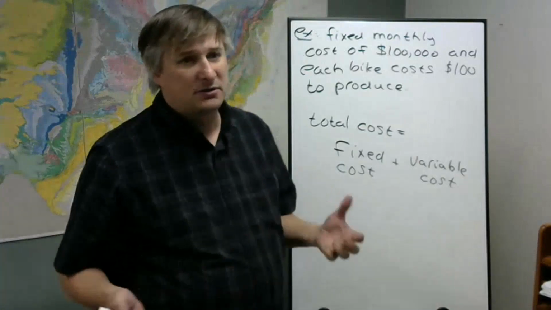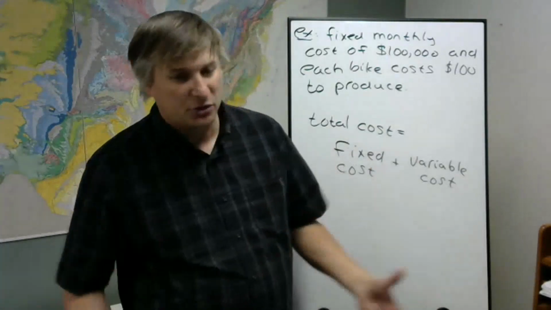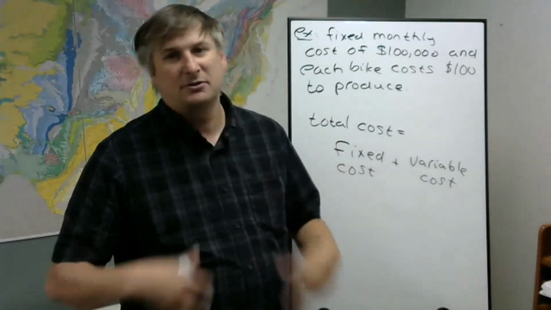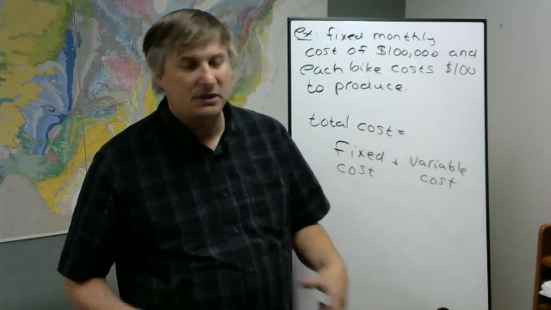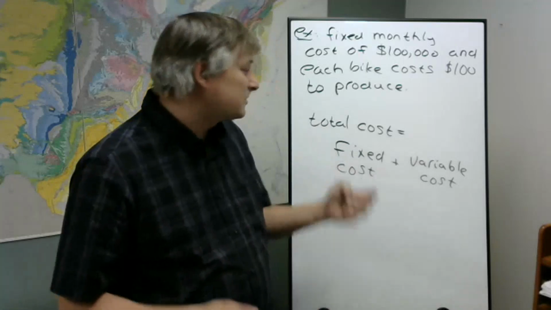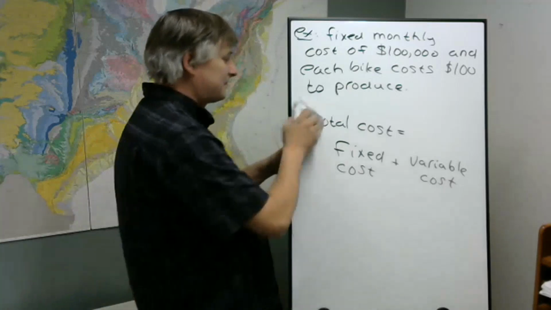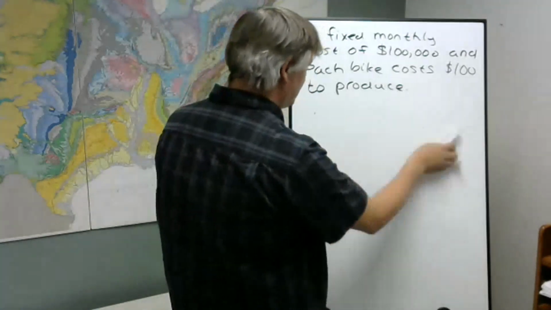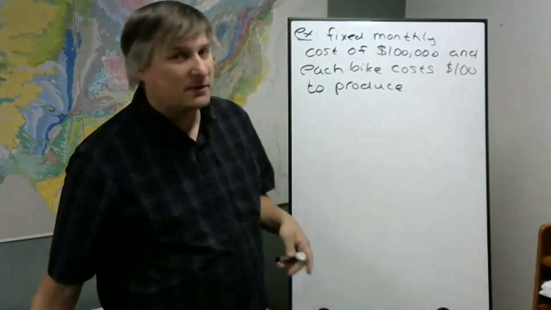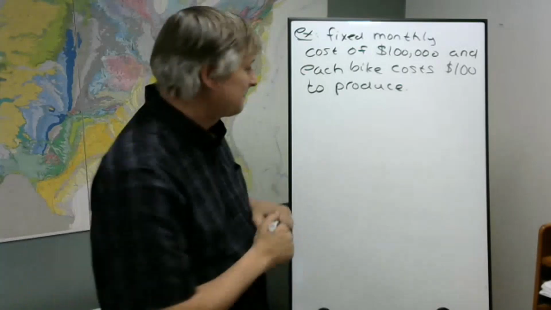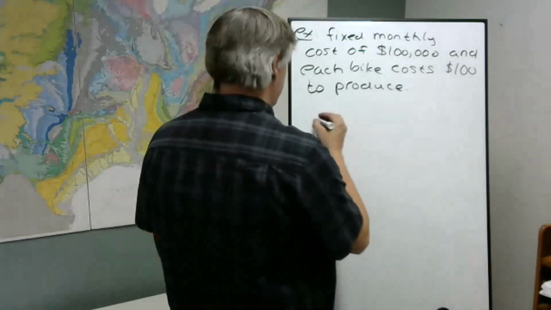So the total cost is going to be things like your rent, your insurance, and then plus wages and electricity and materials. And that's going to give you your total cost. So there's a formula that we use in the text for this. And it's going to be this.